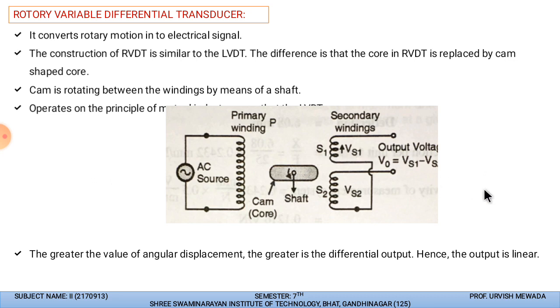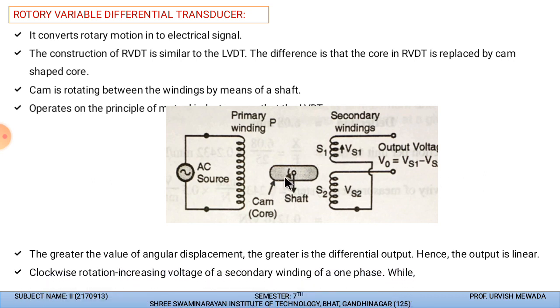Hence the output is basically linear, because we can smoothly rotate the core. Clockwise rotation increases the voltage of the secondary winding of one phase, while counterclockwise rotation increases the voltage of the opposite phase.